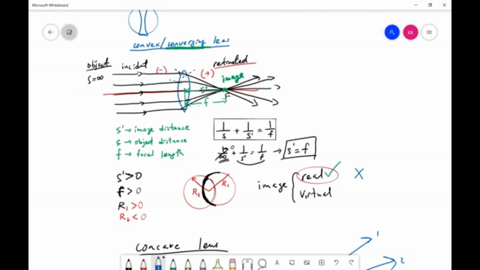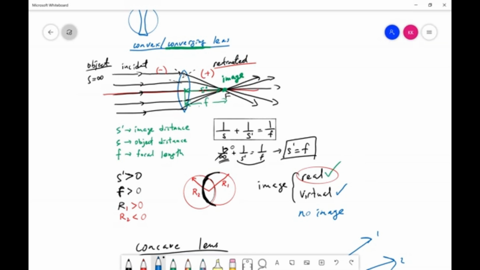Actually, that's not true. A convex or converging lens can give you a real image and also a virtual image. Okay, it can give you a real or virtual image. It can also give you no image.